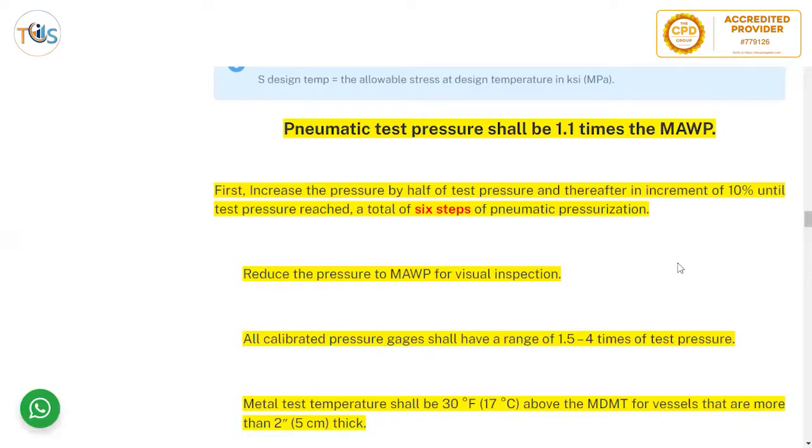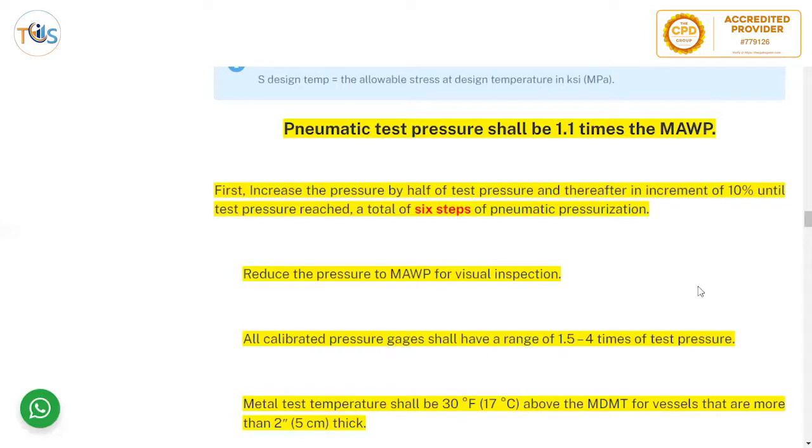Now, once you pressurize to that, there is a hold time, might be 10 minutes, and depending on the spec, might be half an hour. See what the procedure says. Then you do a visual inspection to see that there is no leak, looking for any distortion, using bubble soap or a sponge to check for leaks.